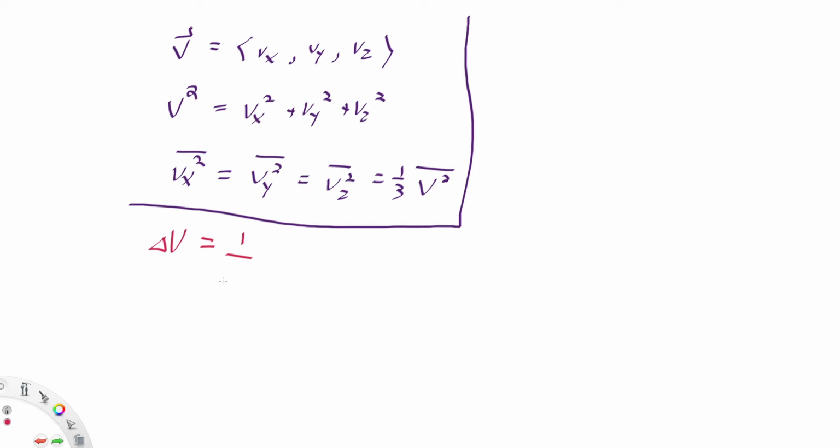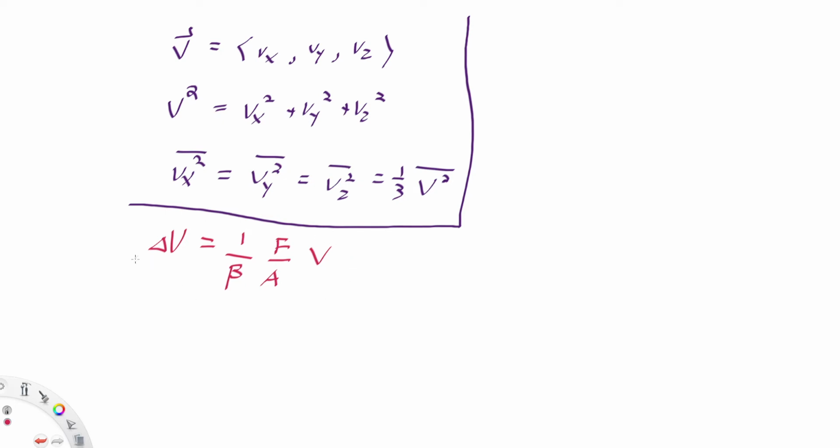B as in baby, the same one as the other one. F over A, or you could say pressure, but F over A would be better. And then initial volume. So how is that one derived?